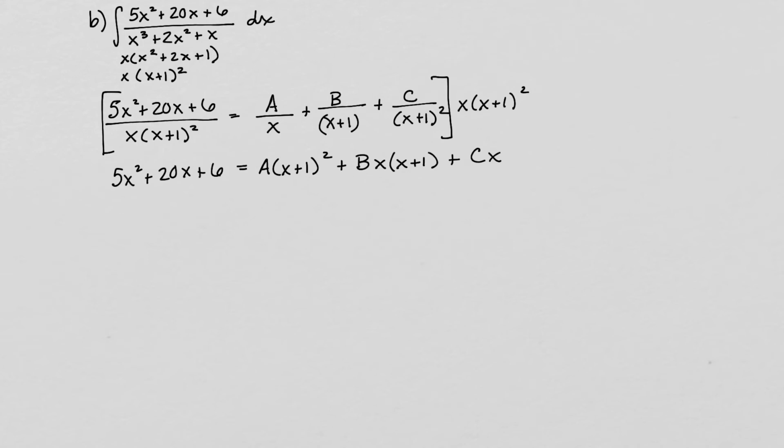Would you use the most recent factor if there was a higher exponent? What do you mean the most recent, Kobe? Like if x plus 1 went to the third power, I would need an x plus 1 squared, x plus 1 cubed in terms of my fractions. Is that what you're asking?